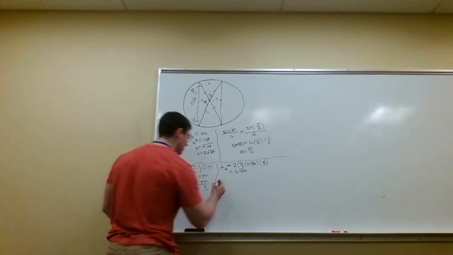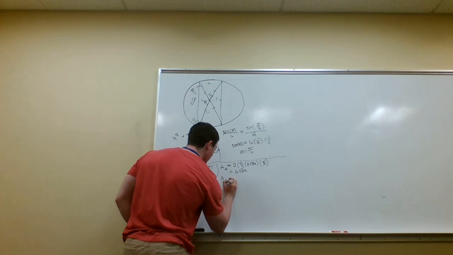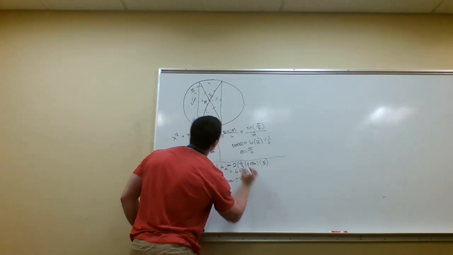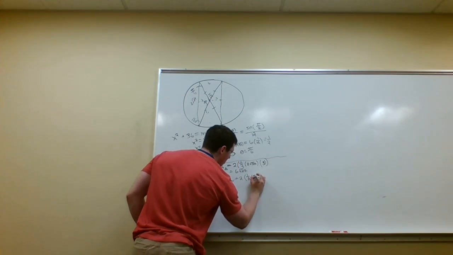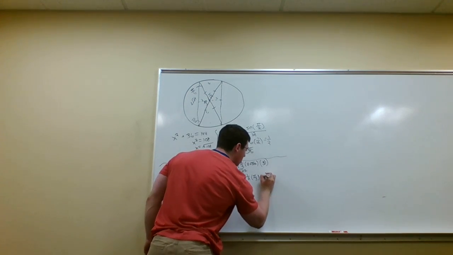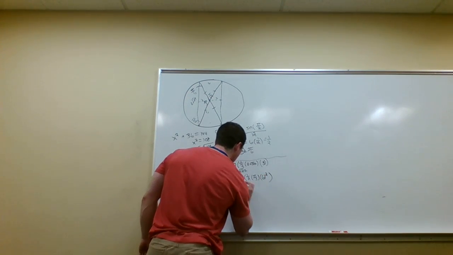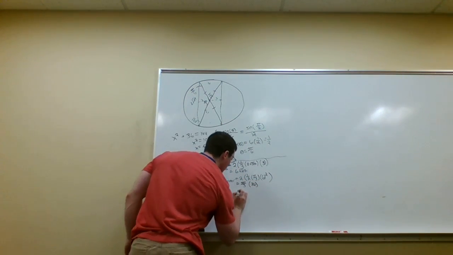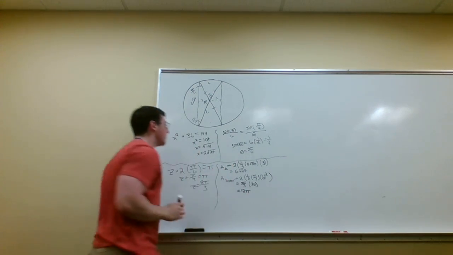Now for the area of the sectors. 2, again, because there's 2 of them, times 1/2 theta, we just found that, it's pi over 3, times the radius, which is 6, squared. So that's going to be pi over 3 times 36. 36 over 3 is going to give us 12, so that's 12 pi.